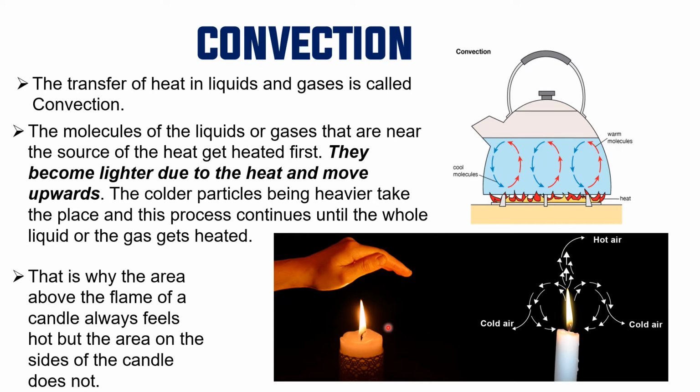That is because the hot air always moves up, and the cold air from the sides comes down. That is why the area above the flame of a candle always feels hot. Got it?